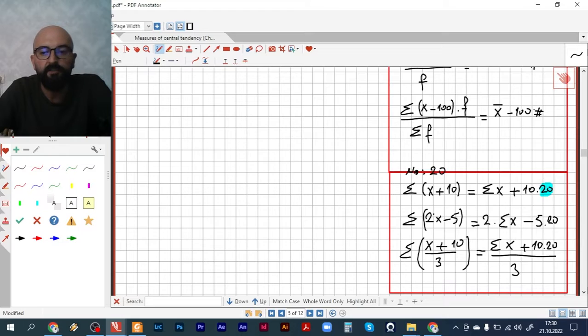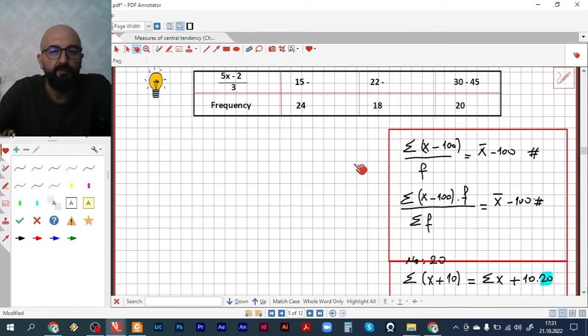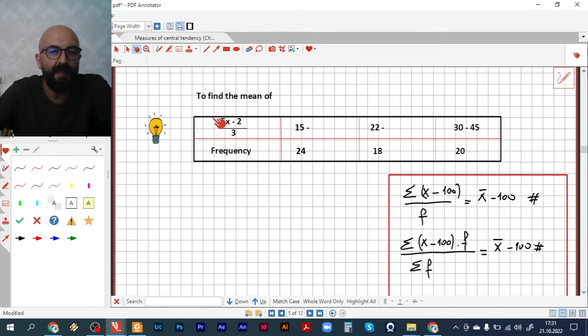So if you remember, in the last lesson we learned these conversions. Okay, and now we have a question, and we have grouped data.